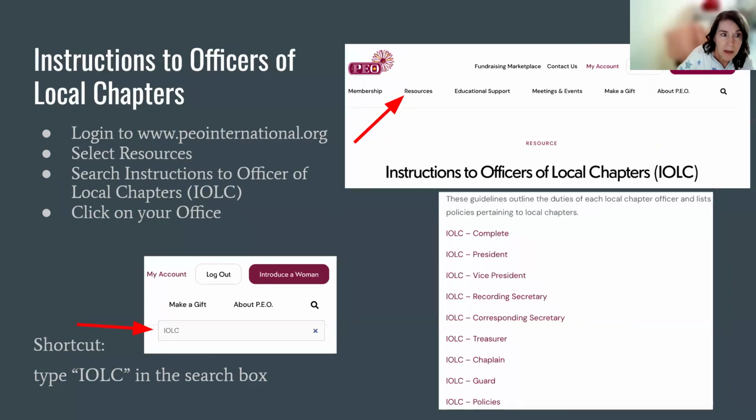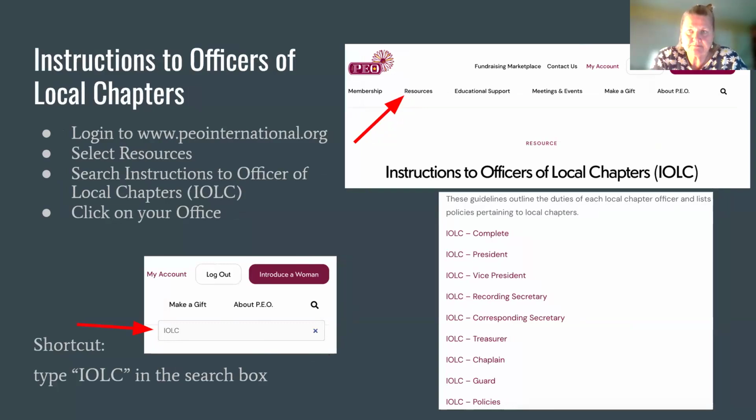So to find the IOLC, you will go onto the international site. You would log into P.E.O International. The easiest way to search on the international site is this little box on the bottom, or we're showing on the bottom as a shortcut. Just type in IOLC where the little looking glass is.